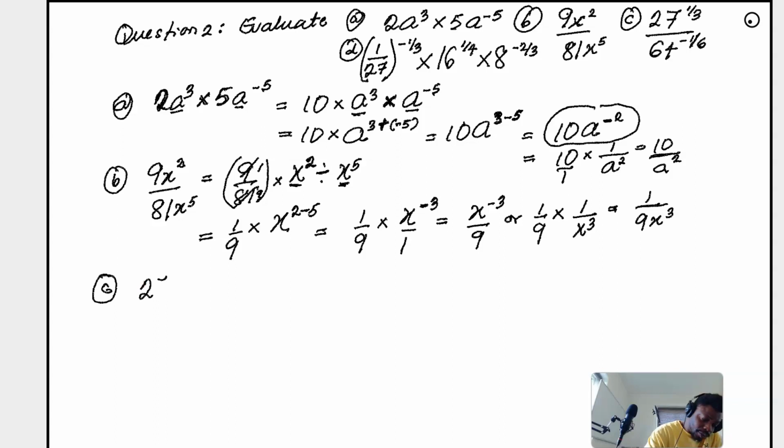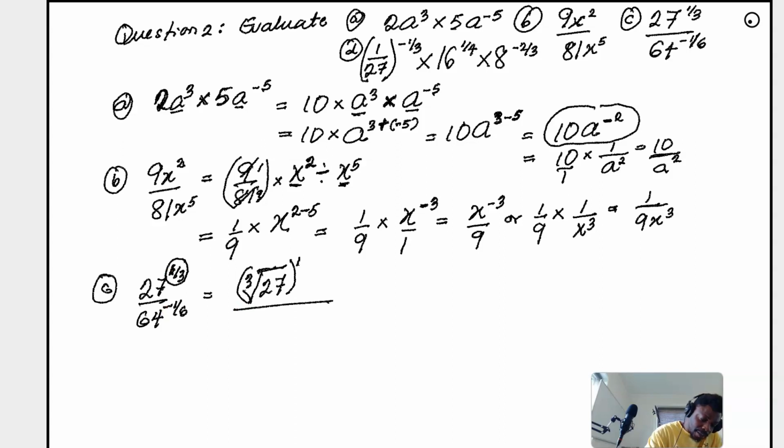Question C is 27 to the power 1 over 3 divided by 64 to the power minus 1 over 6. So I can say here, this is a fractional power, so the denominator becomes the root. So that is cube root of 27, right? And the numerator, which is 1, comes outside.